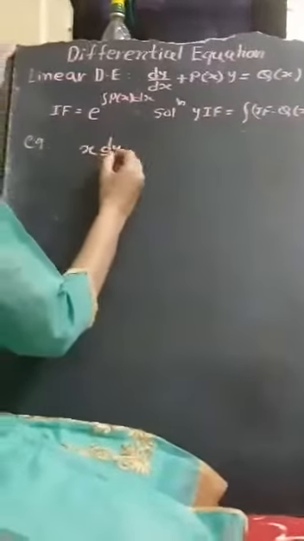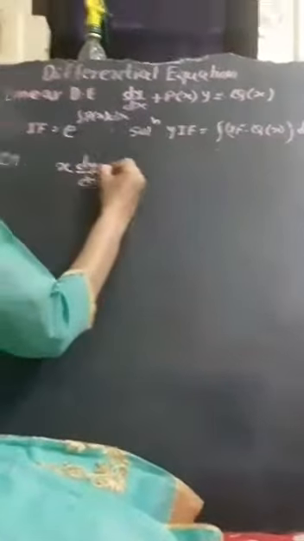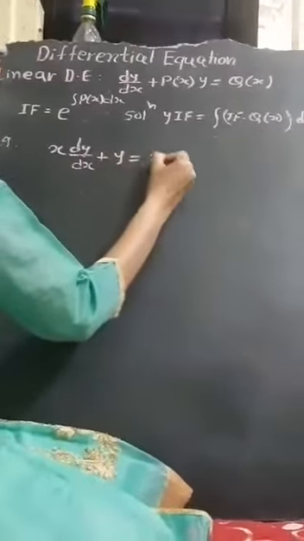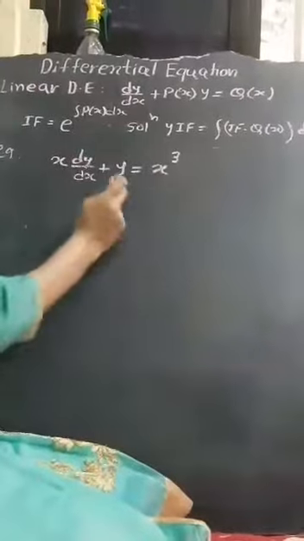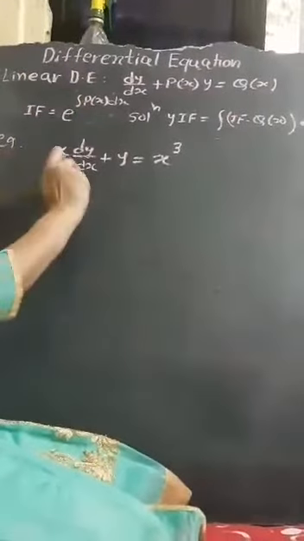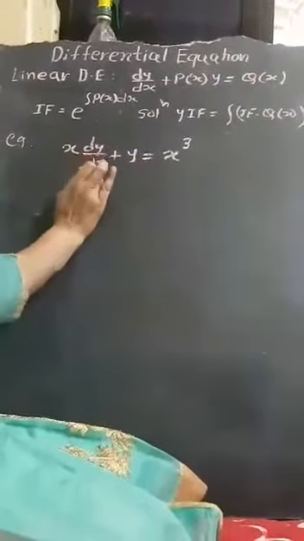Okay, I'll take first simple example. x into dy by dx plus y equal to x cube. So there is single y in the differential equation. So as I've told, it is a linear differential equation. But this is not dy by dx plus pxy equal to qx, as this is x dy by dx.